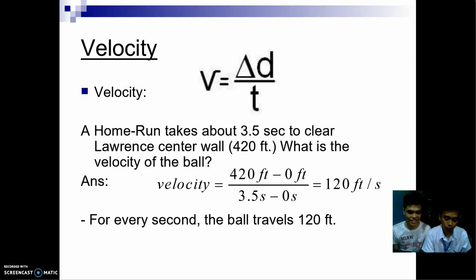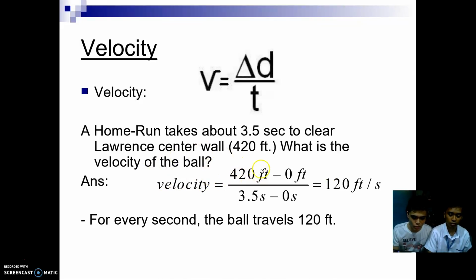So I have one example. A home run takes about 3.5 seconds to clear the center field wall, 420 feet. What is the velocity of the ball? So here is the solution.